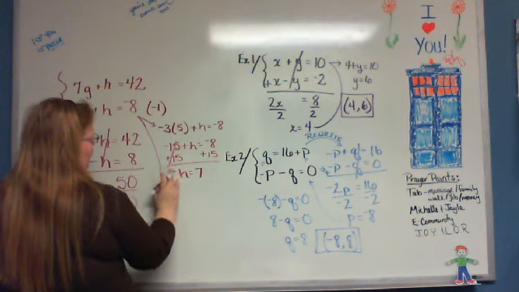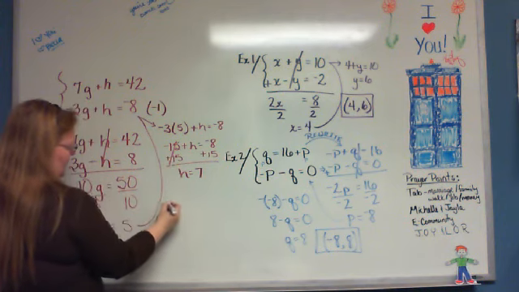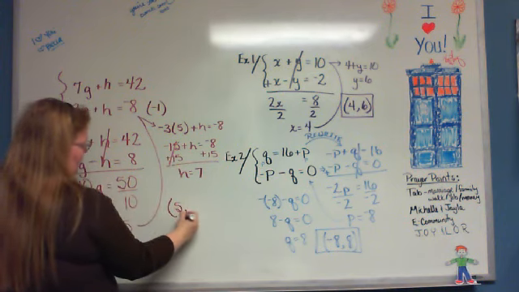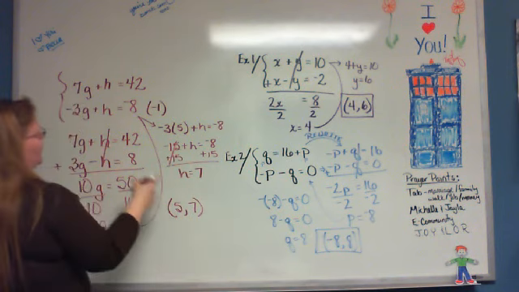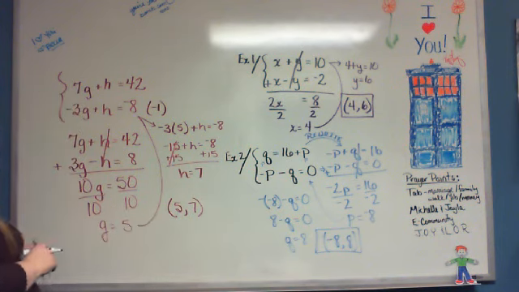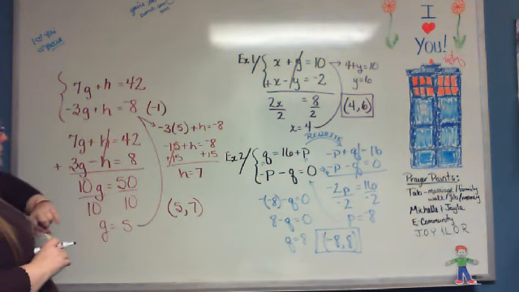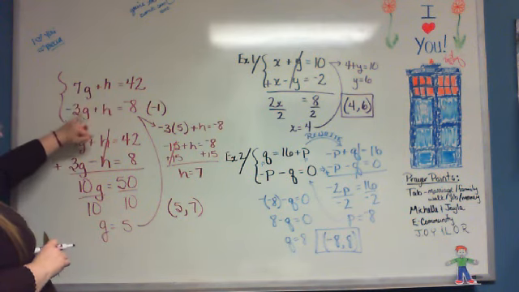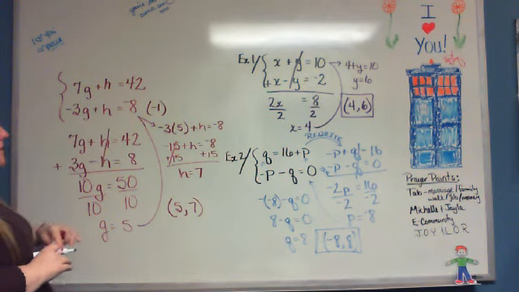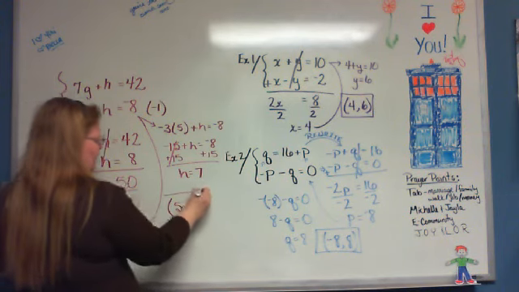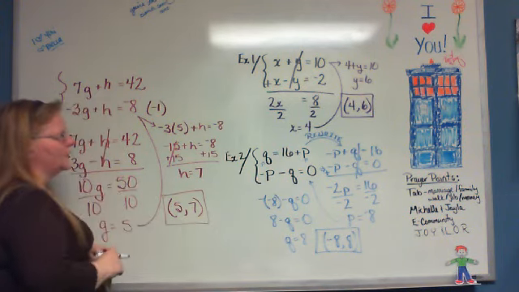Which makes my answer 5, 7. If you don't believe it, go back up here and check. 5 times that is 35, plus 7 is 42. Negative 15 plus 7 is negative 8. It's got to be able to work in both.